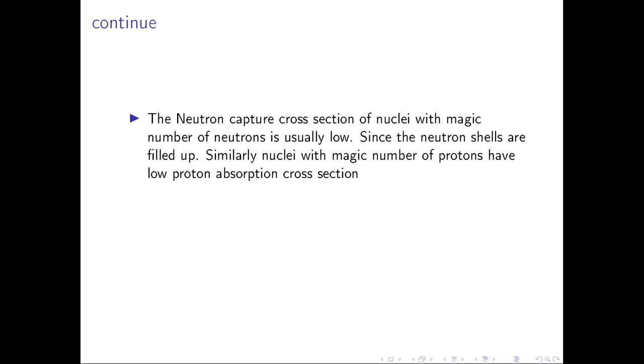From atomic structure, we can think about the noble gases whose shells are filled and hence show very little reactivity. Similarly here also, nuclei with magic numbers of protons have very low proton absorption cross section. If proton and neutron shells are filled, these nuclei will have very little affinity for absorbing another proton or a neutron.